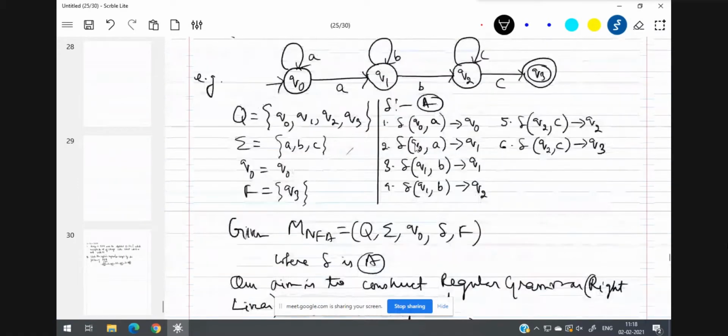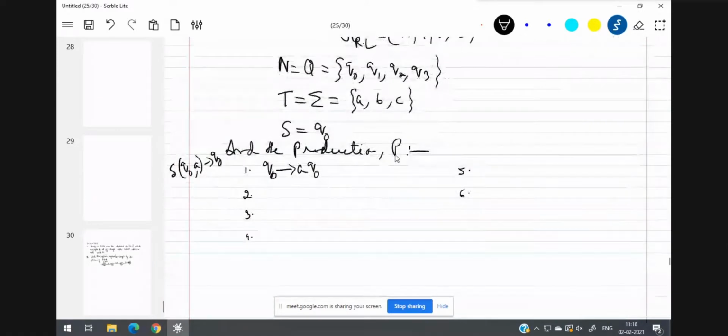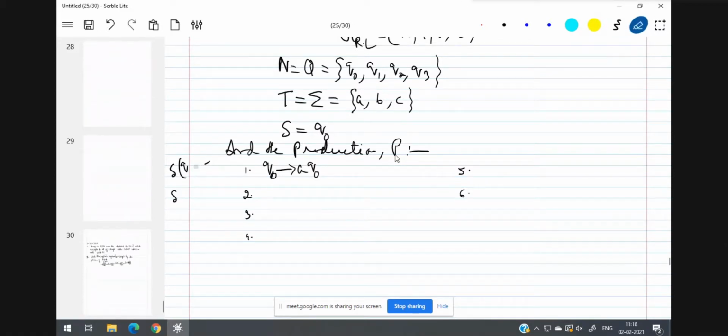Now what about 2? This is Q1. Instead of writing it separately, let me just copy paste, so it will save my time.